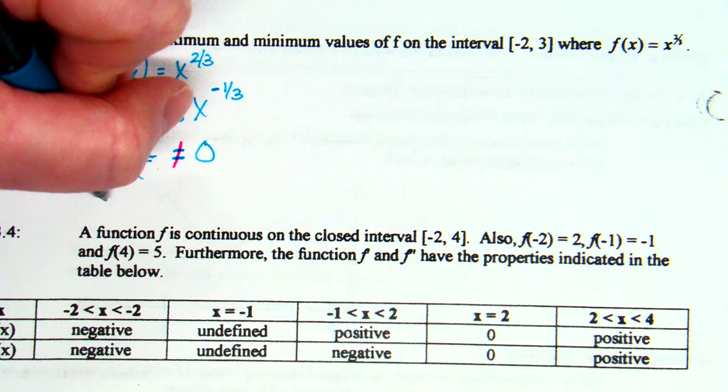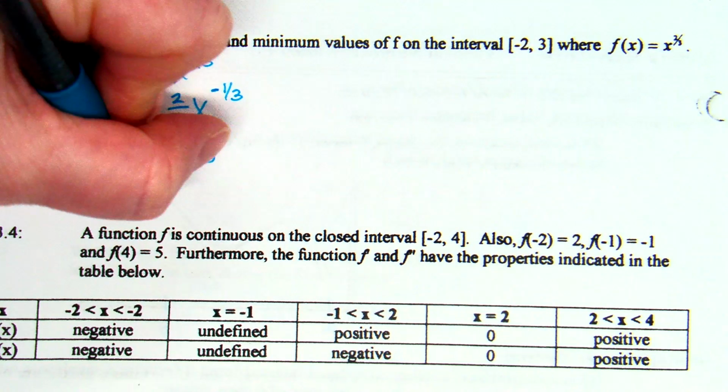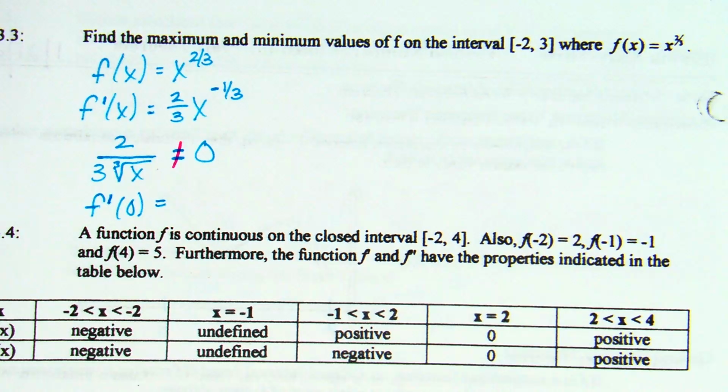So what I'm trying to lead you to, unsuccessfully, sorry, is that the derivative at 0 does not exist because you can't put 0 in the denominator of a fraction. And that's what would be happening here. So for that purpose, it's not a critical point as in what we typically say.